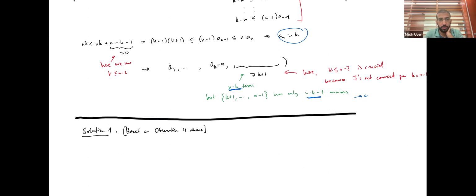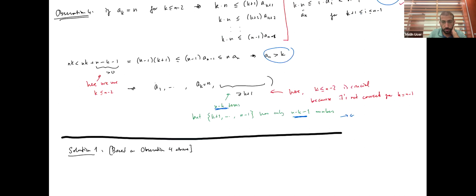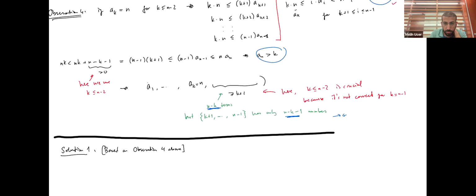I don't need to write observation 4 again. Based on this observation, what we know is a_n equals n, or a_{n-1} equals n. And in this case, (n-1) times a_{n-1} is less than or equal to n times a_n. So a_n is greater than or equal to n minus 1.